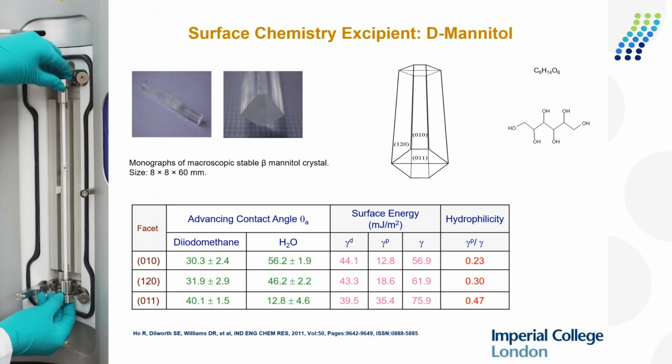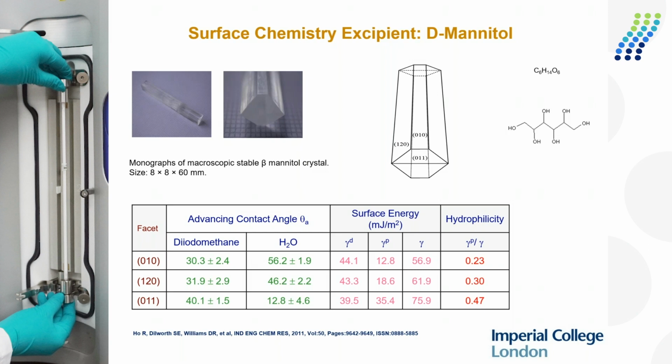So we also wanted to make a hydrophobic mannitol material. So now these are my hydrophobic mannitol materials. I'm going to silanize these, so I'm going to replace the hydroxyl groups with methylated groups. So now I'm going to have a much more hydrophobic material. And what we can see here are the gamma Ds.